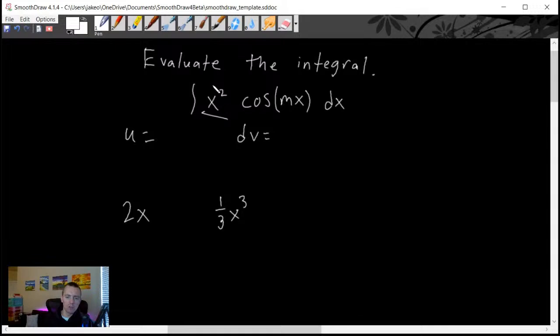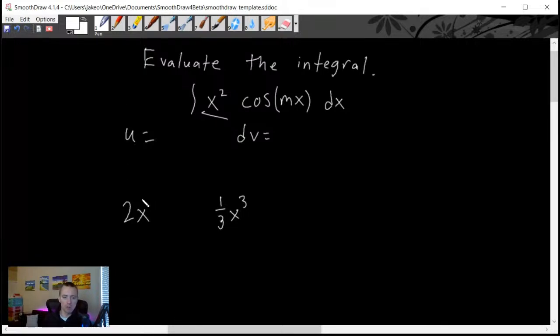So usually if you have a power function or a polynomial as one of your possible options for u versus dv, typically, and I'm not going to say always because depending on what your other term is you might want to do something differently, taking the derivative or the antiderivative of a power function where you have your variable raised to a constant power, you're just going to do that using the power rule.